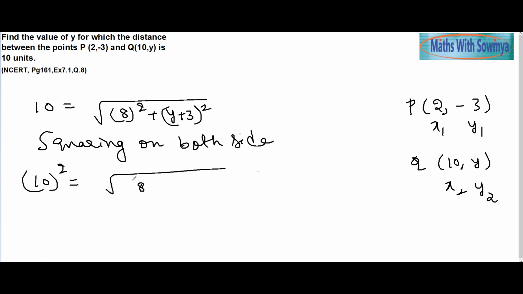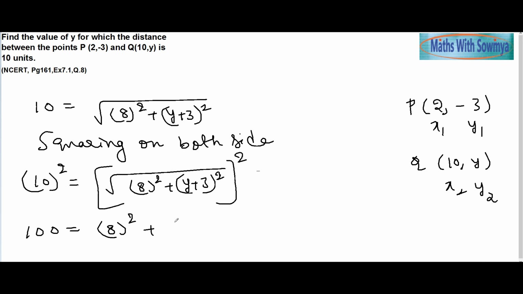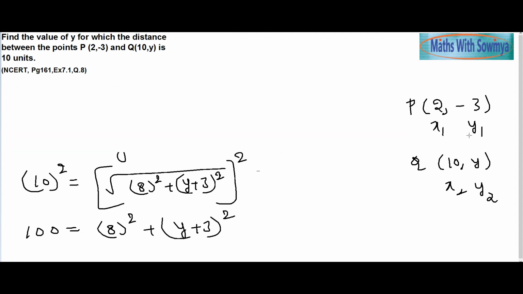This will be 8 square plus y plus 3 square, whole square. So this square and square root go, this will become 100. This is 8 square plus y plus 3 whole square. Now just complete the simplification. You will end up with your answer. You get the value of y here.